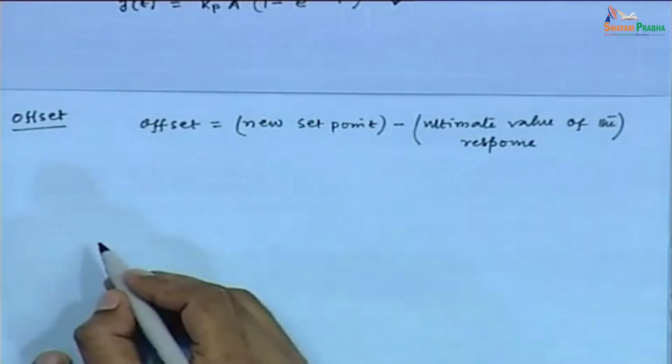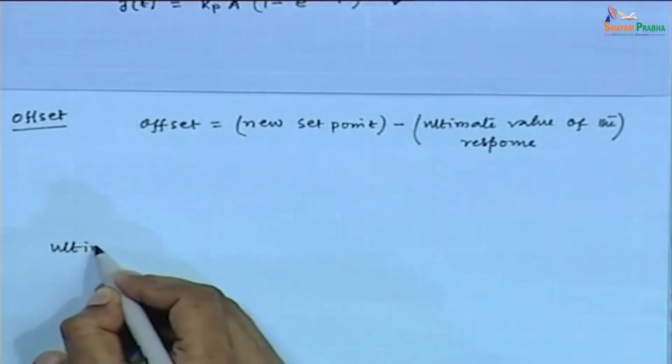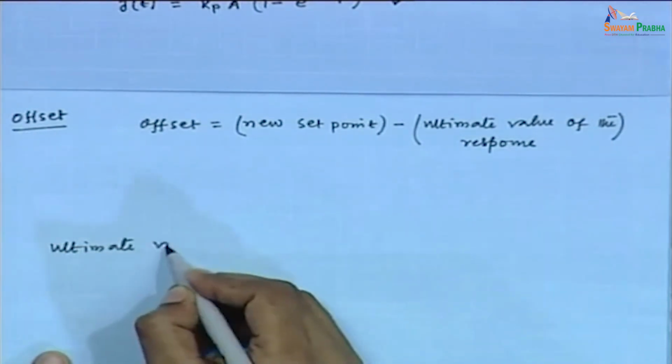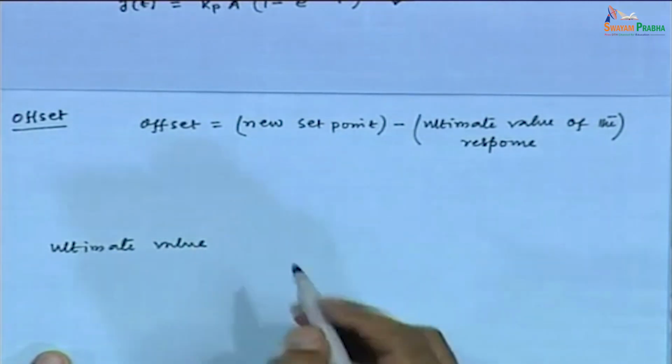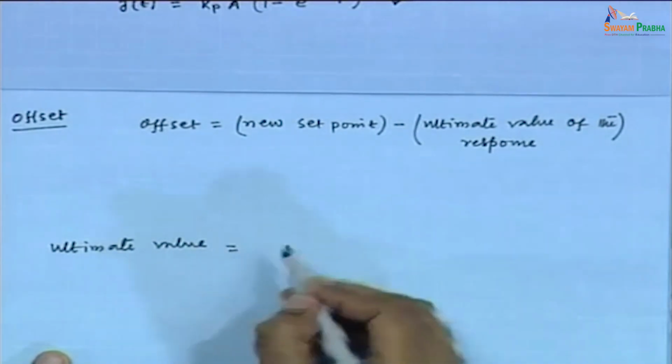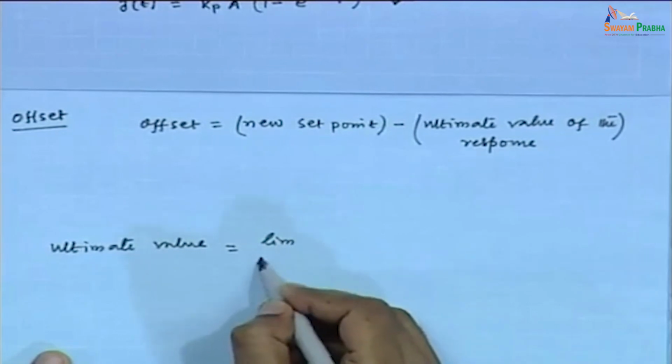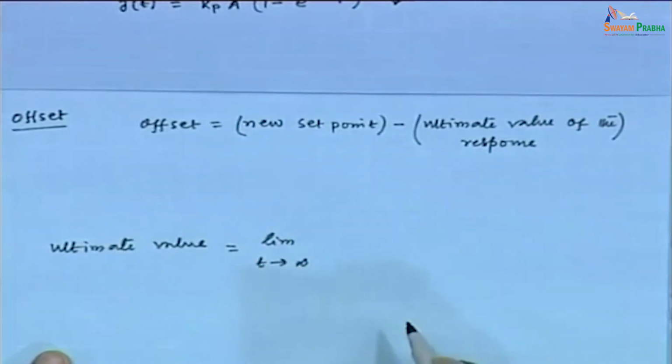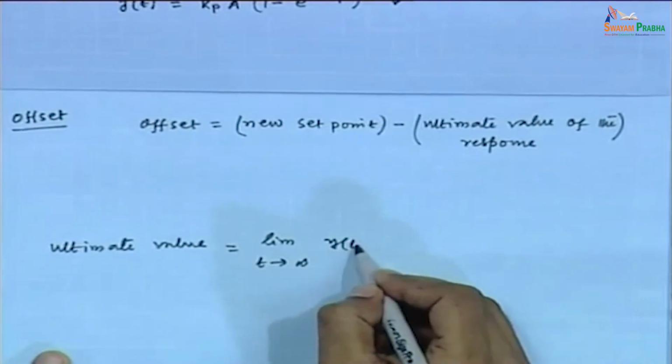Now, ultimate value of the response means limit t tends to infinity y t.